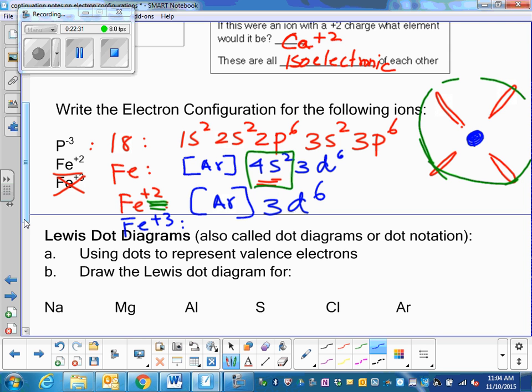Now what choice do I have? Do I now have to remove from the d orbital? You know what? Iron will remove it from the d orbital and it becomes 3d5. Is that right? Iron actually exists in these two. Why are the d blocks put in the middle? It's because they're crazy. In their compounds, they'll show multiple charges.